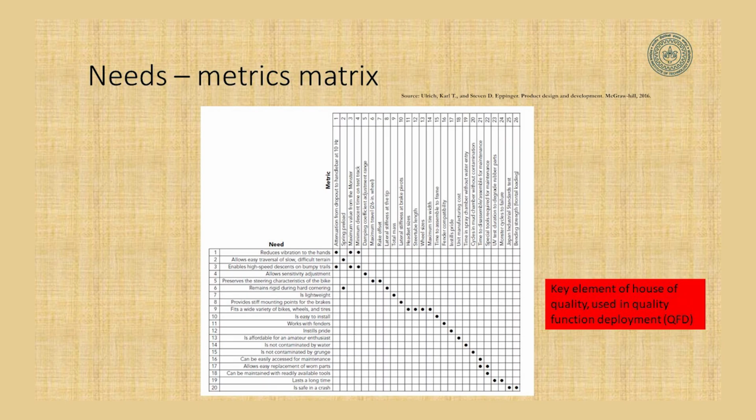Some needs have multiple metrics, other needs have one metric, and then you can see how the metrics are fulfilling all the needs, okay. This is also a key element of what is known as the house of quality, which is used in quality function deployment. Quality function deployment leads to the house of quality, and that house of quality has one of these elements, okay, but we will not go into that today.